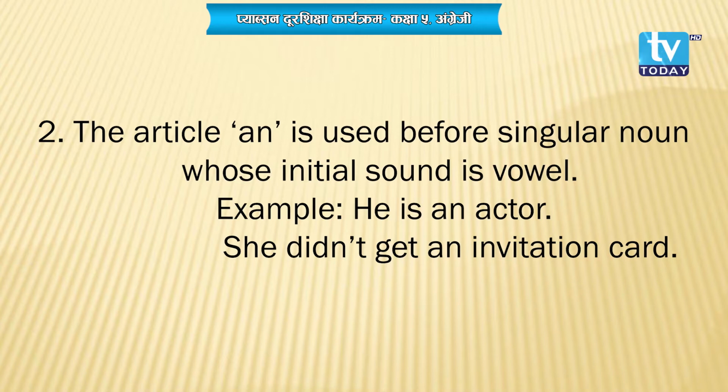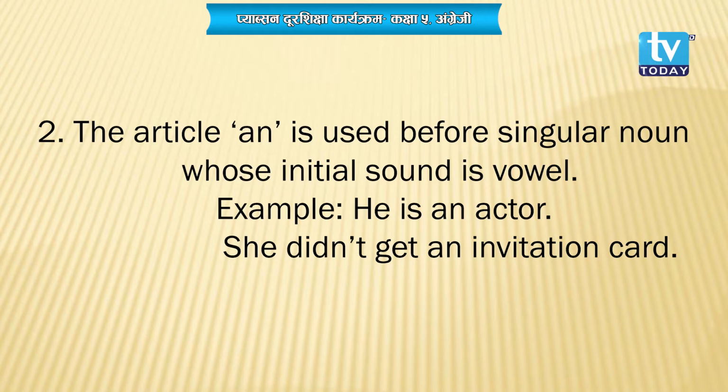It's not the letter we are talking about. Some exceptions will be there that you need to know. So, the second rule, the use of an: the article an is used before singular countable nouns whose initial or beginning letter should not matter, but the sound should be that of a vowel.